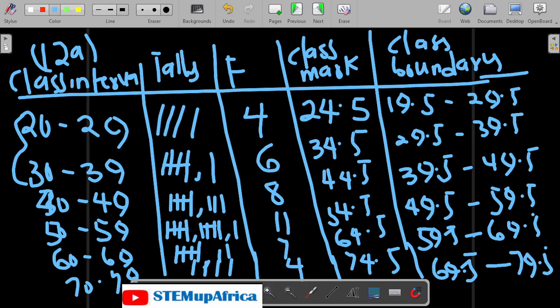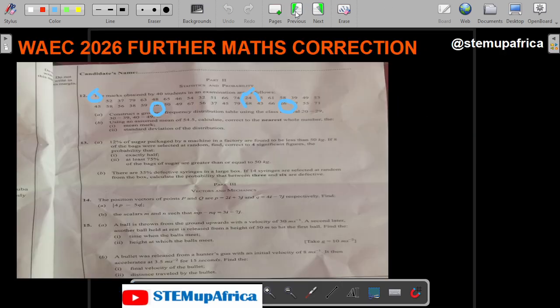So with this, you answer question A. So we have constructed the frequency distribution table.